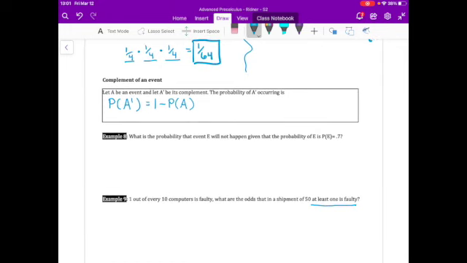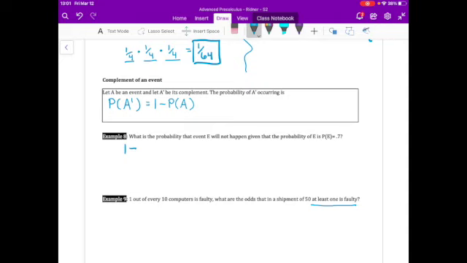You can also do a complement, and what that means, so if you had a classroom full of sophomores and juniors, and say no other grades, just sophomores and juniors, say in this case, let's say 70% of the class is sophomores, well, what percent would have to be juniors?